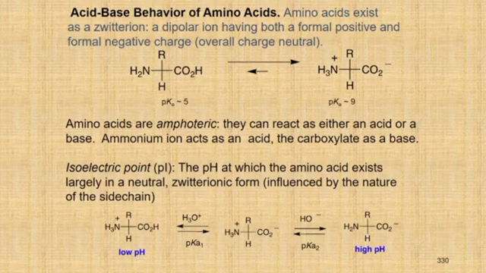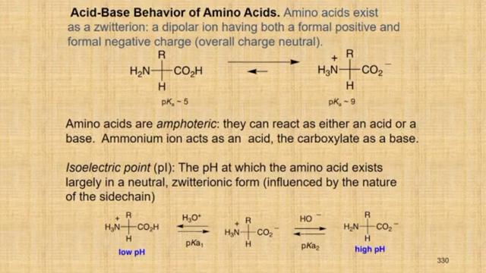So let's continue with the acid-base properties of amino acids. To start, amino acids are amphoteric. That means they have acidic and basic properties. They can act either as an acid or as a base.